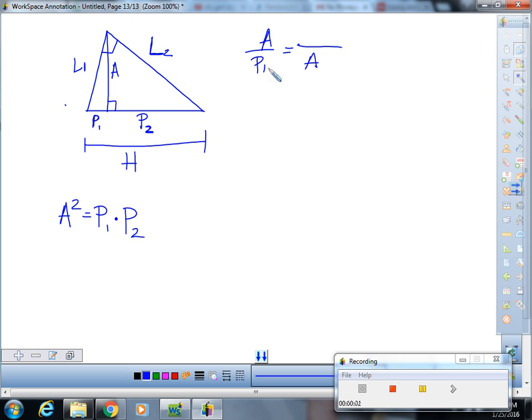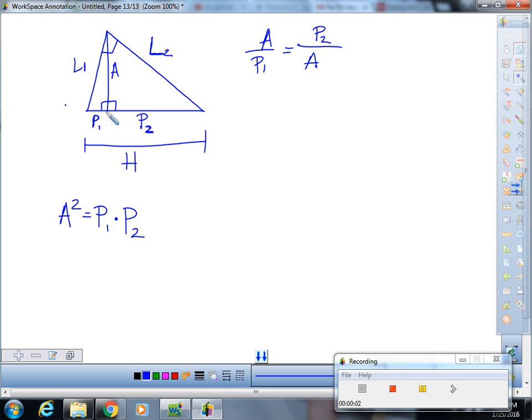So this could be P1 down here and P2. Well, let's look at it. A is the P1. So that's the long leg from triangle 1 is to the short leg from triangle 1, like the long leg from triangle 2 is to the short leg from triangle 2. That's where that came from. So this is one of the theorems.